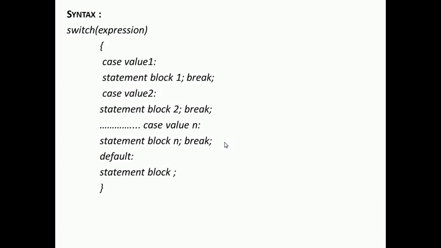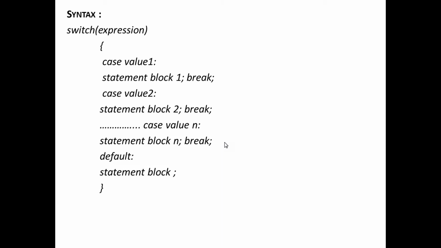Let's see the syntax of the switch statement. First you have to use switch with the expression in brackets, then curly braces, case value 1, statement block 1, break, case value 2, statement block 2, break, and like that you proceed. Finally case value n with its statement block and break, and lastly we have the default statement.